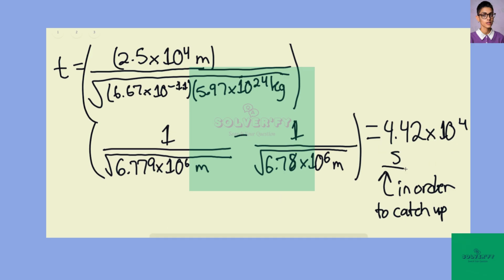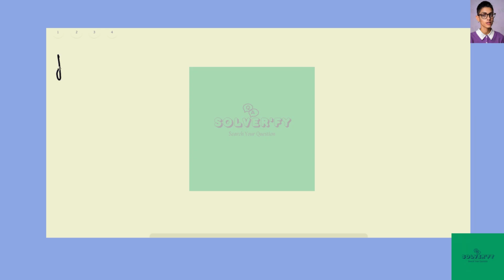And then for part B, we have that from equation 1, again, here we need t to be equal to 7 hours. We need to catch up in exactly 7 hours.